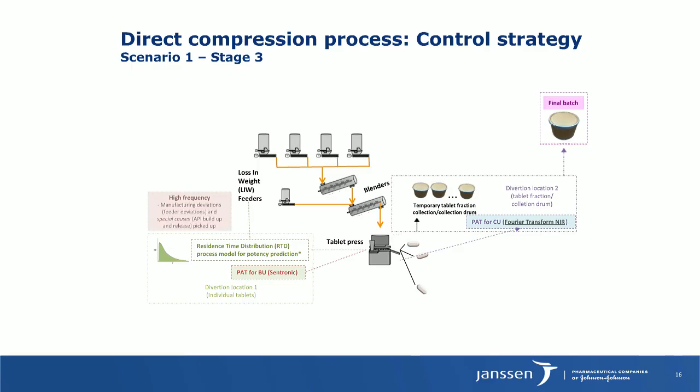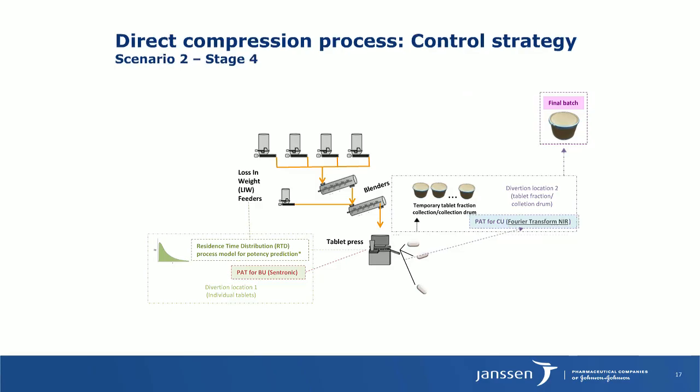The benefit of this scenario is that with your Sentronic tool and your RTD tool, you actually already measure all the potential deviations that can happen, manufacturing deviations and special cause deviations. So in other words, the CU tool is only used to confirm what your PAT-BU tool is already saying and what your RTD tells you. So the sampling frequency that we have to apply can be rather low. It's more a sampling frequency in order to use this data for a real-time release.